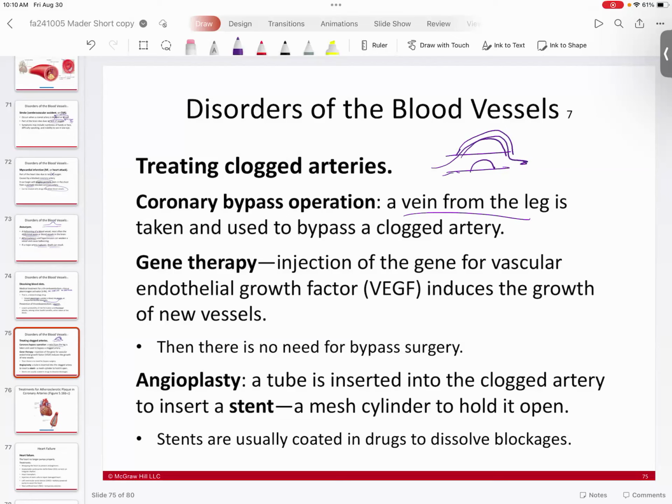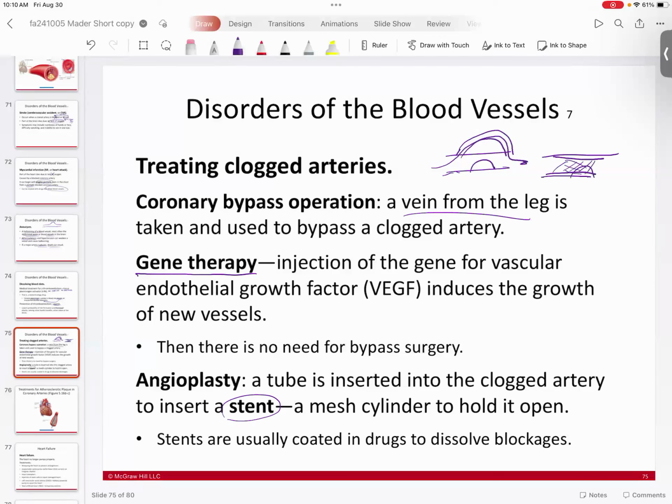And so that's common. Gene therapy is something where you can inject a gene for a growth factor for blood vessels to grow new blood vessels. And so sometimes you can do that. Or angioplasty is where you stick kind of like a balloon into a clogged artery and you blow it up and you put a stent in there, which is kind of like a hard mesh collar, and you put the stent in there to open it up.